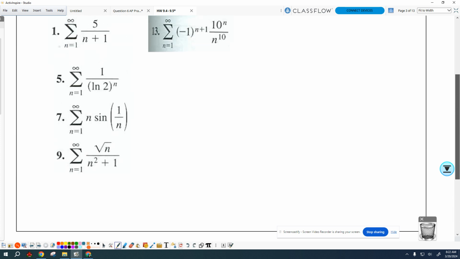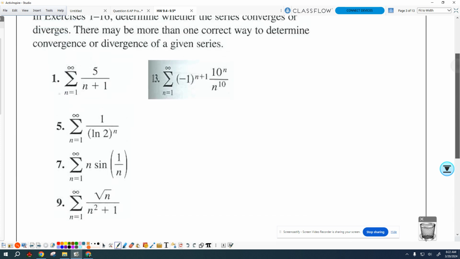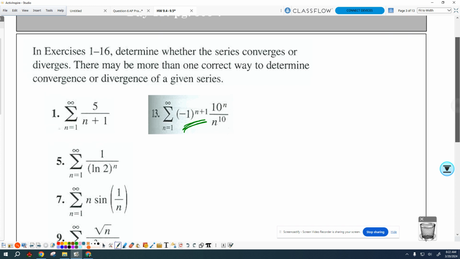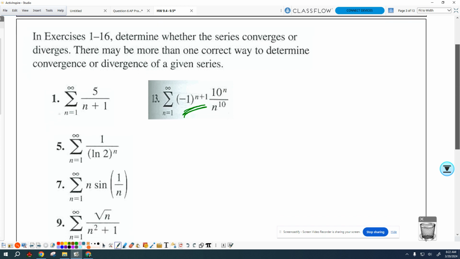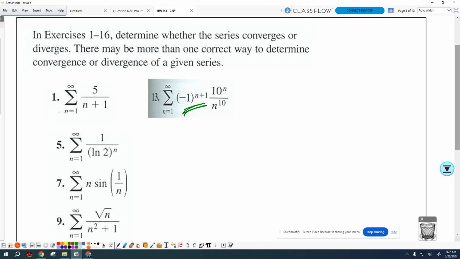And then does it converge absolutely? Nina asked about it too. If it doesn't alternate, there's nothing conditional. If you had to use the alternating series test to say that it converged, and it doesn't work any other way, that's conditionally convergent.